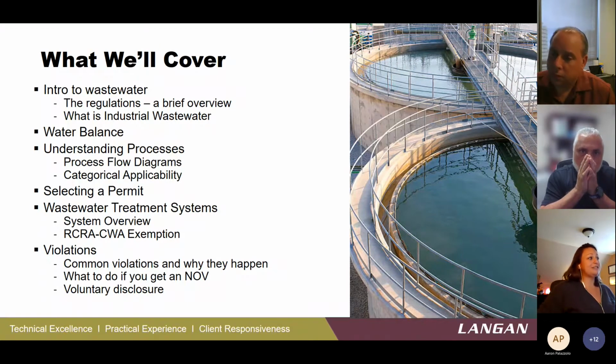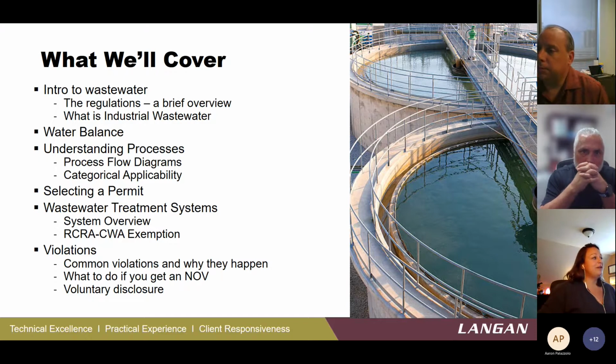Understanding your processes, developing process flow diagrams, and recognizing if you have applicability to the categorical pretreatment standards. And then we'll talk about selecting your permit. We'll do a quick overview on wastewater treatment systems and how the Clean Water Act permit will also allow you exemptions under RCRA permitting. And then also a brief description about common violations, why they happen, and what to do if it does happen.